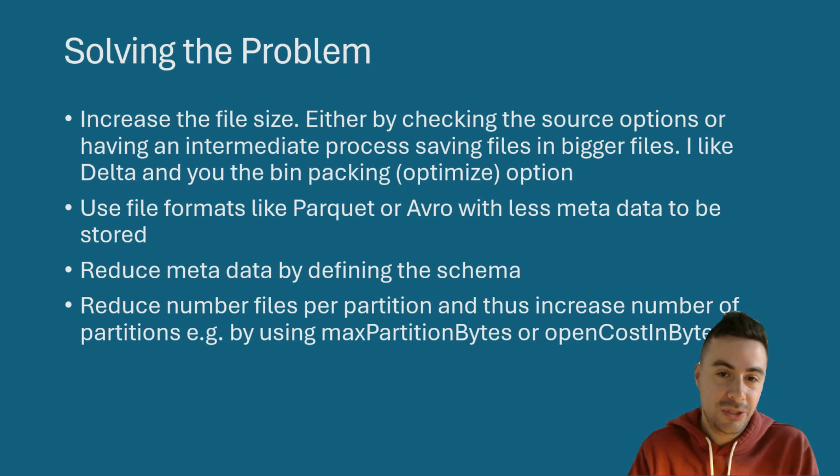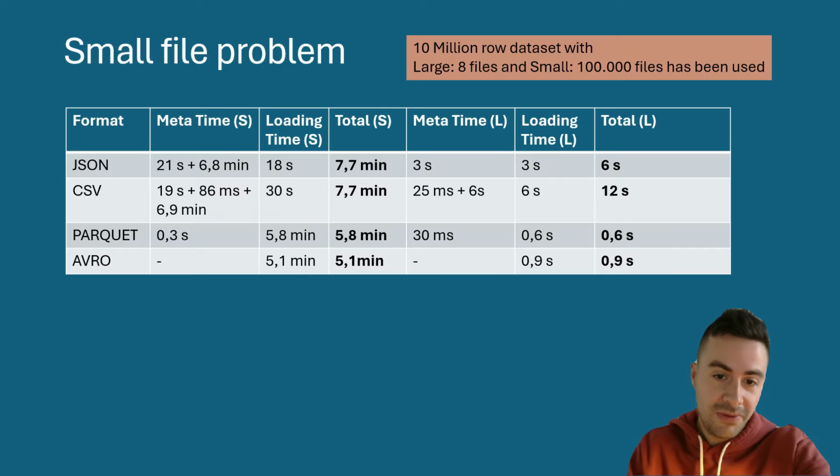And I mean, the solving of the problem is quite obvious. If possible, try to increase the file size, either by checking the source options or have an intermediate step where you just load the data and save them again, just in bigger bunches. And use file formats like Parquet or Avro, because we saw before that the issue regarding the loading time becomes way more severe in JSON and CSV than for Parquet and Avro.